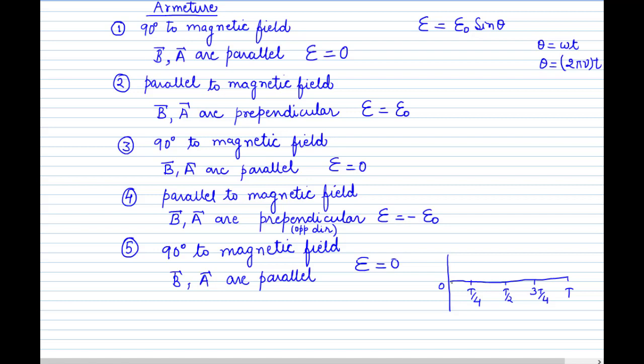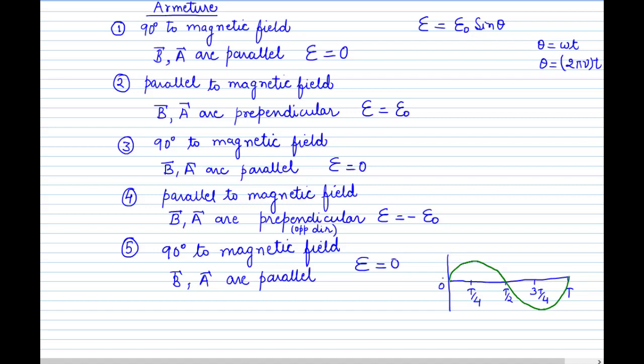Then at T by 4, B and A are perpendicular, so it reaches the maximum value of E naught. Then it again becomes 0 at T by 2. Then at 3T by 4, it again reaches the negative value, and at T it is again 0.